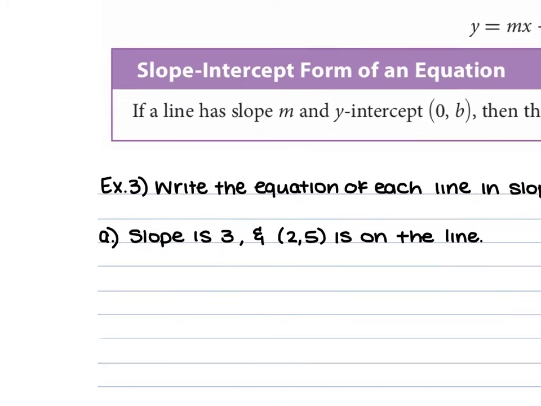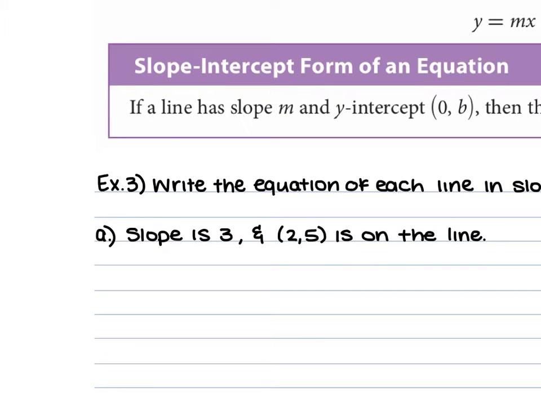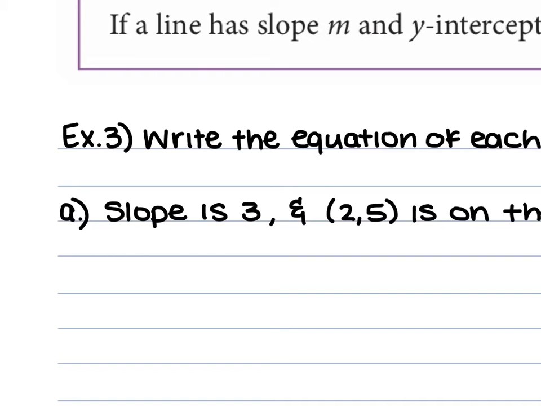For our next example, it's telling us to write an equation of each line in slope-intercept form given the slope and an ordered pair that's on the line. So we have a slope of 3 and the ordered pair 2, 5. So if we're using y is equal to mx plus b, look at all of the values that we have. We have a slope, which is m, that's 3.